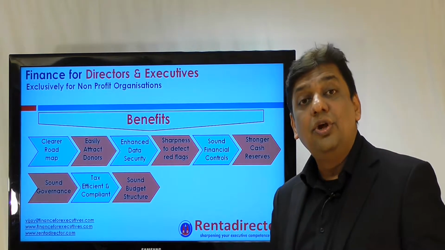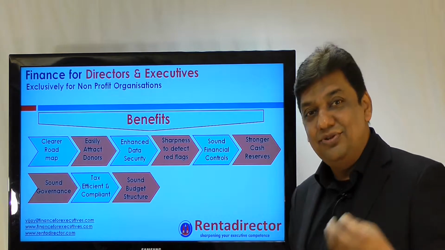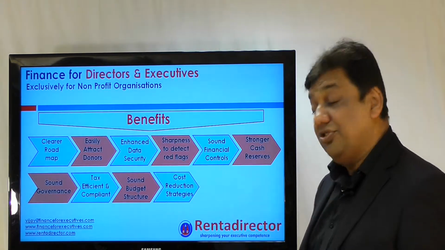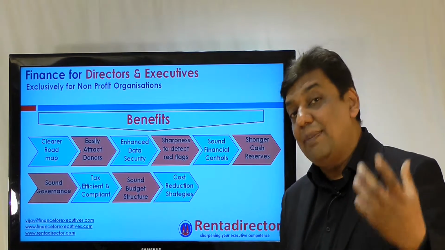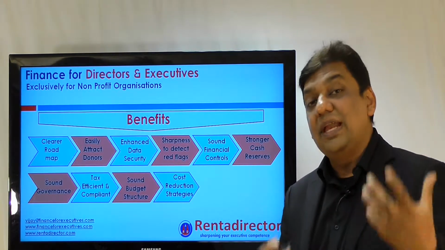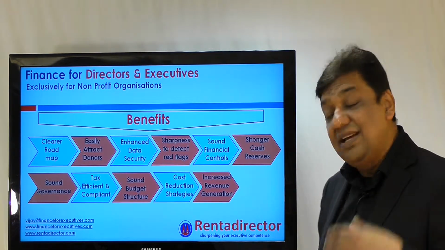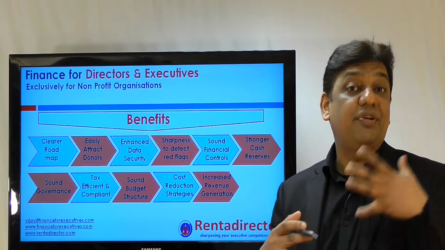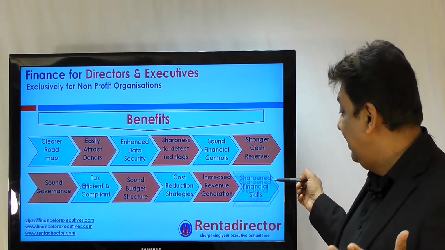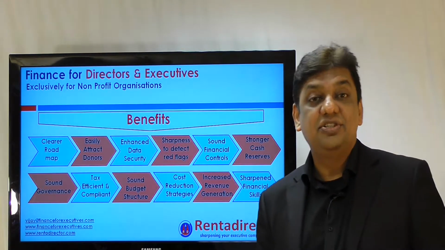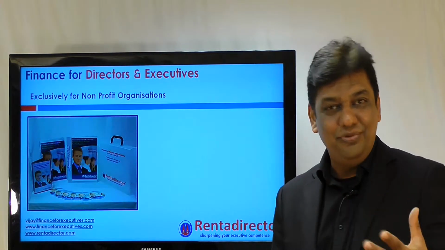Sound budget structure. Your budget structure will be more meaningful after using this particular program. Cost reduction strategies. You'll have better cost reduction strategies. Applying just a few of those can make a huge difference to your non-profit organization. Increase revenue generation. We have revenue growth initiatives which we are going to discuss with you. And finally, sharpened financial skills. As I say, finance is the lifeblood of your organization.